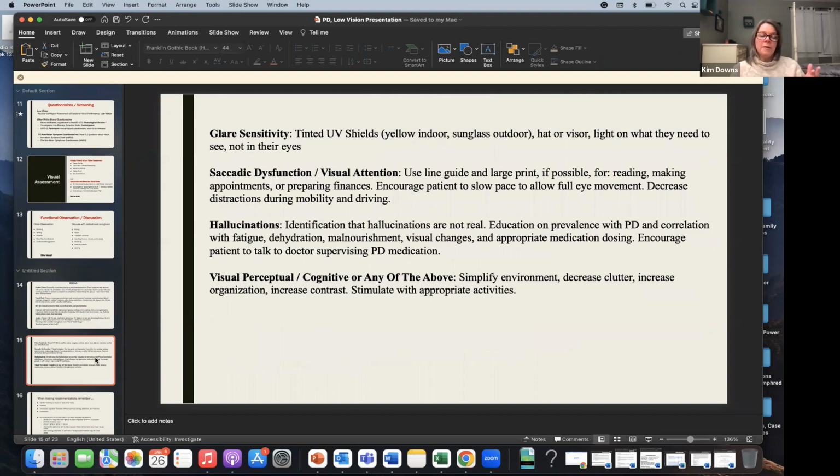Of course, we know that with glare sensitivity, we use the UV shields, which are fabulous, hats, visors, things like that. With the Parkinson's population, because of their changes in mobility, I just encourage people to look at making accommodations for glare that are more global, more environmental, and not just putting the glasses on and off, because if the glasses are across the room, they're not going to get up and get them.